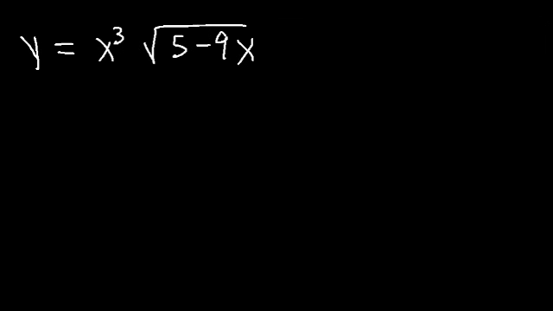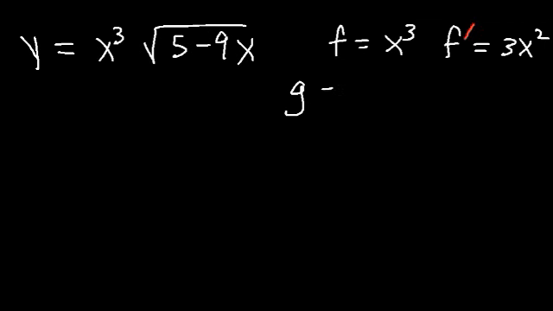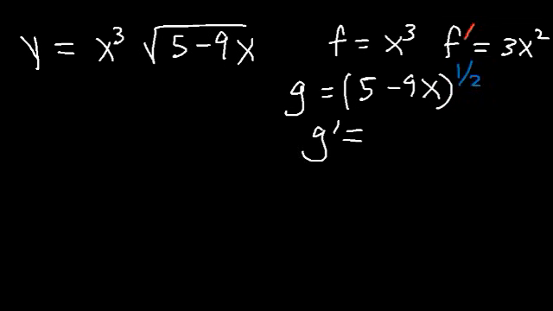So f is x cubed, and f prime, which is the derivative of x cubed, that's 3x squared. g is 5 minus 9x raised to the 1/2, if you rewrite it. And g prime, using the power rule, is going to be 1/2, and then keep the inside the same, which is 5 minus 9x, and then 1/2 minus 1, which is 1/2 minus 2 over 2, that's negative 1/2.